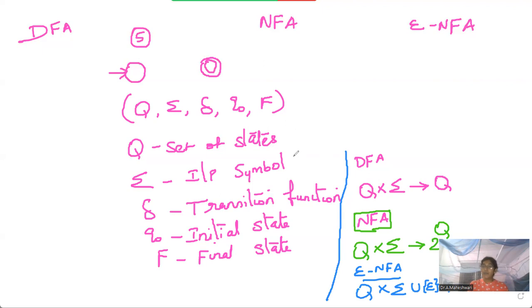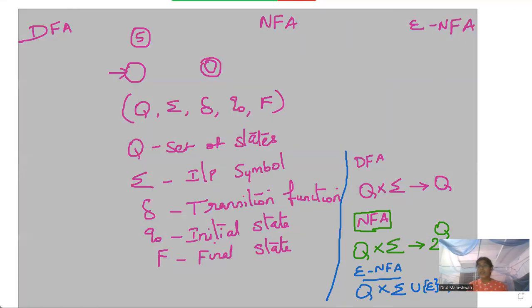Okay, we'll see one example for each automaton, how we can design these automata. Let's start with DFA. I want to design a DFA for 3 consecutive ones.